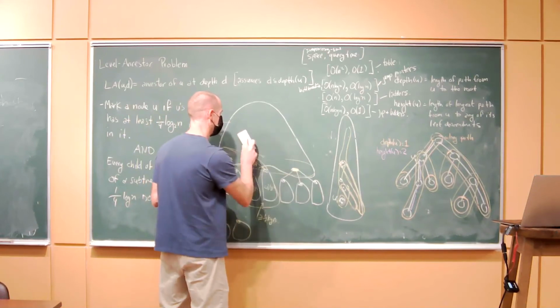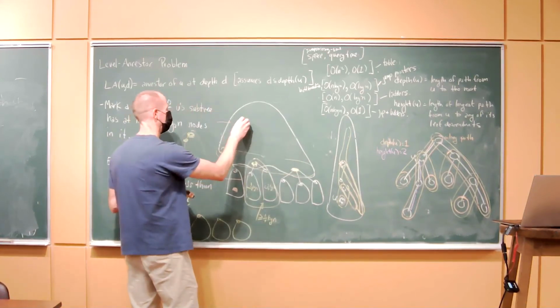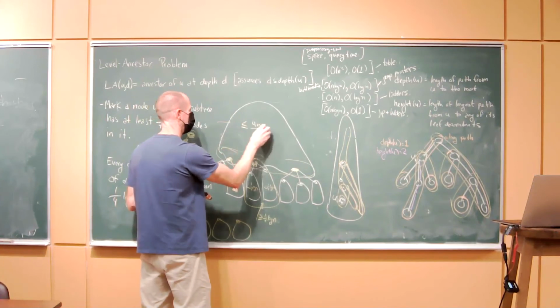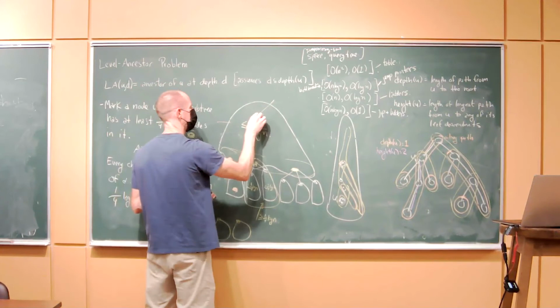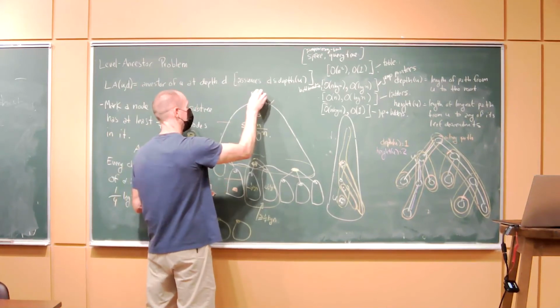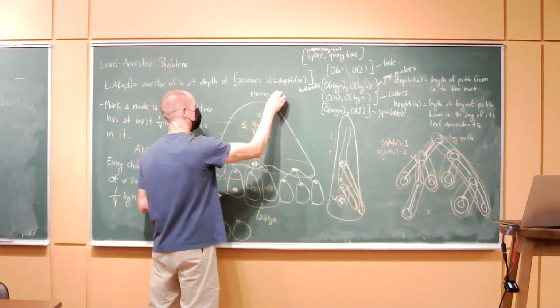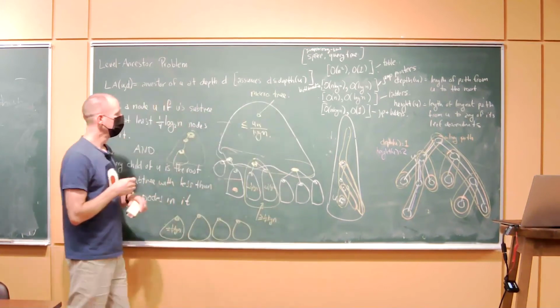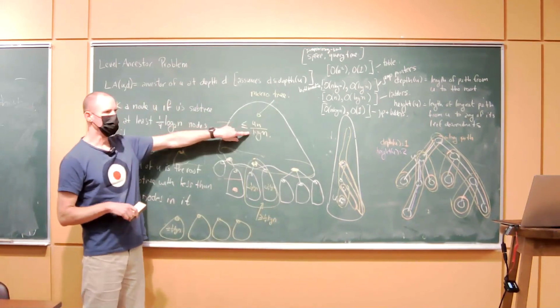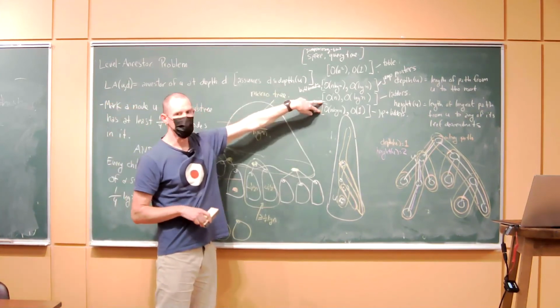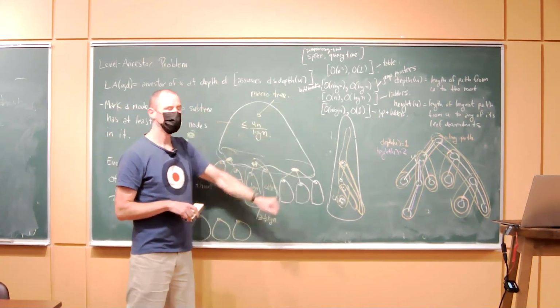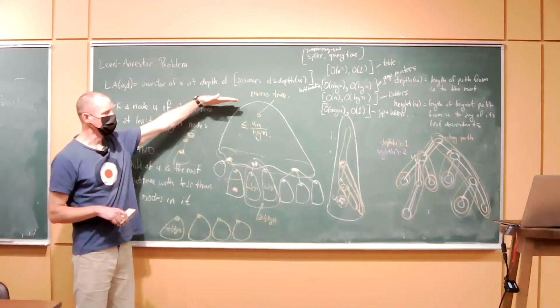So this is looking good, right? I have this macro tree. It has at most 4n over log n nodes. I use this combined data structure on this thing, and I get something that uses only O of n space.